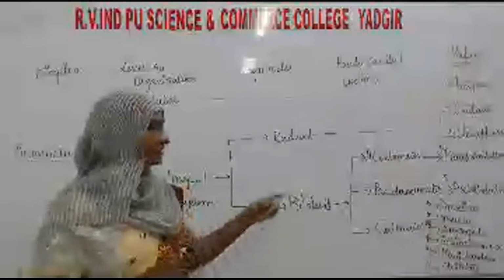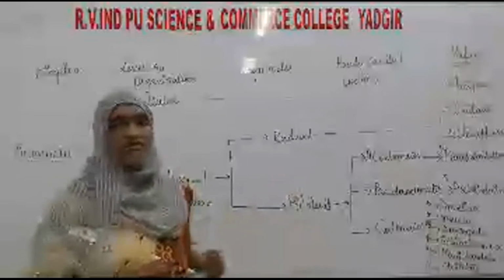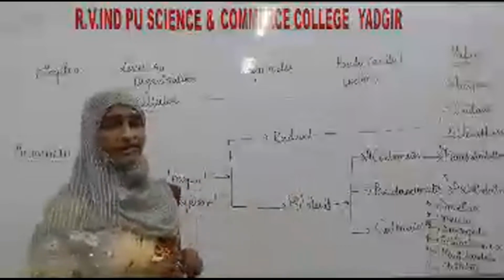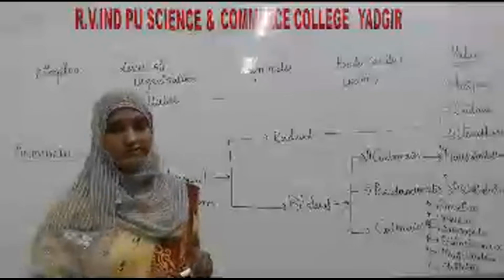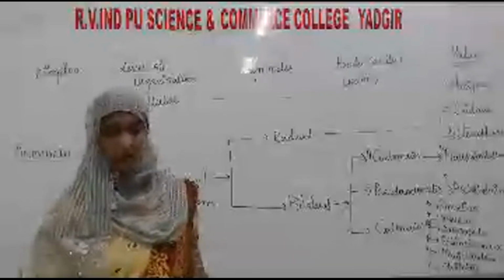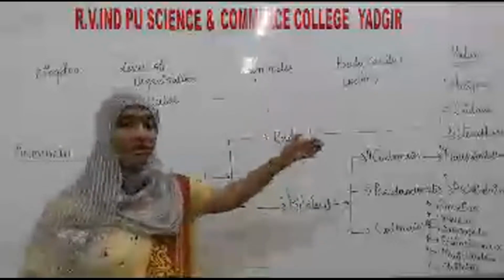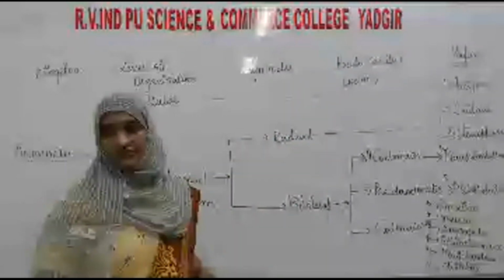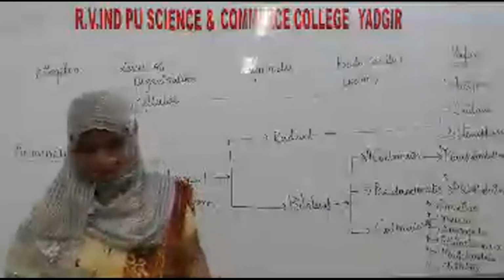They will ask, for Annelida, which type of symmetry, which type of coelom, which level of organization. So to remember those things, this flowchart is necessary. Thank you. In the next class, we will study one by one all the phylums with examples and all characteristic features. Thank you.